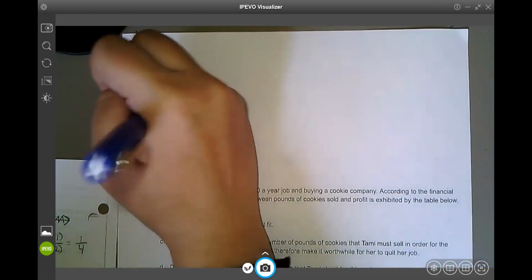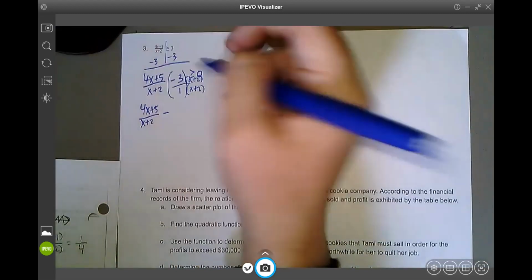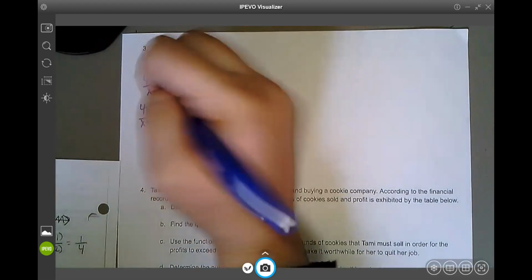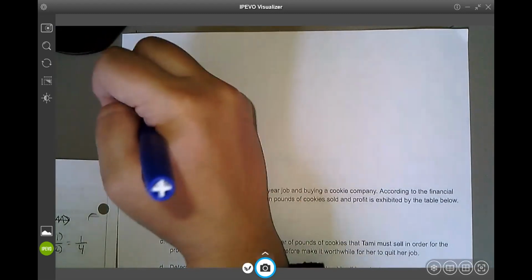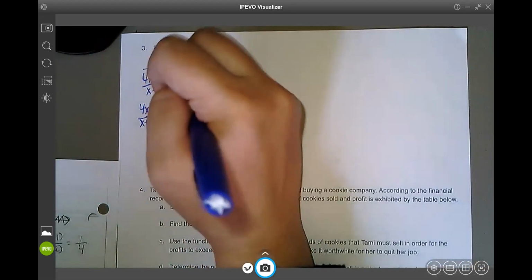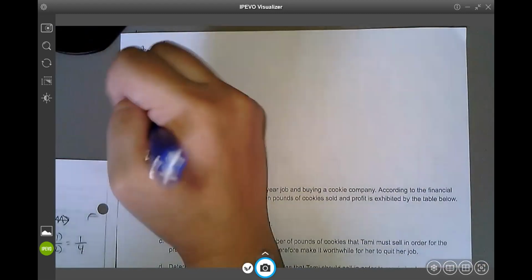So I have 4x plus 5 over x plus 2, minus, I'm distributing there, minus 3x minus 6, sorry, over my x plus 2.